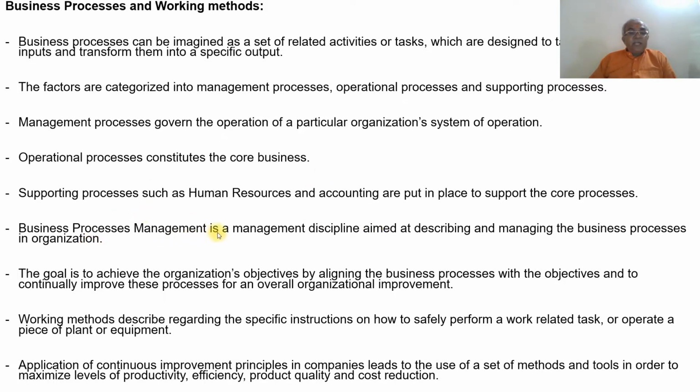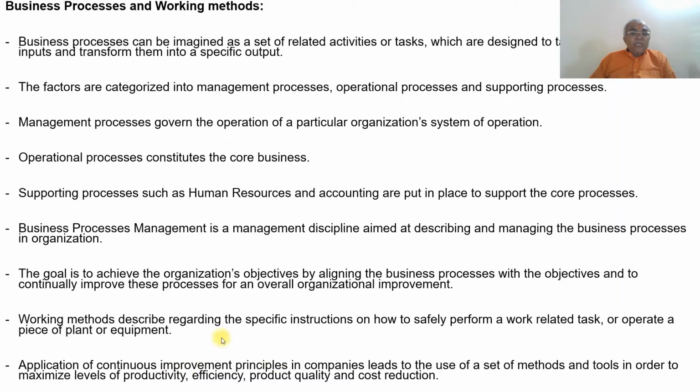Then business process management is a management discipline aimed at describing and managing the business processes in the organization. That means you need to decide, give instructions, and also manage the business processes of the organization.